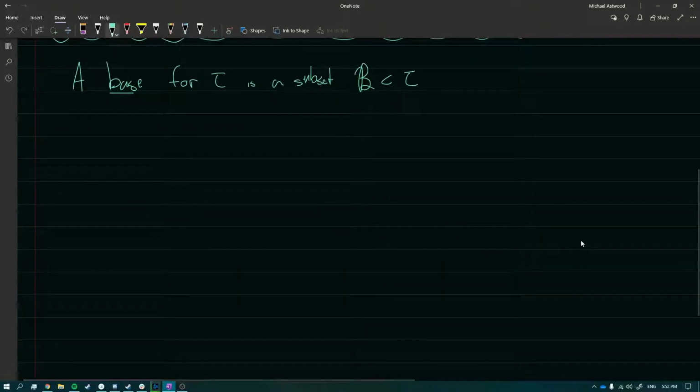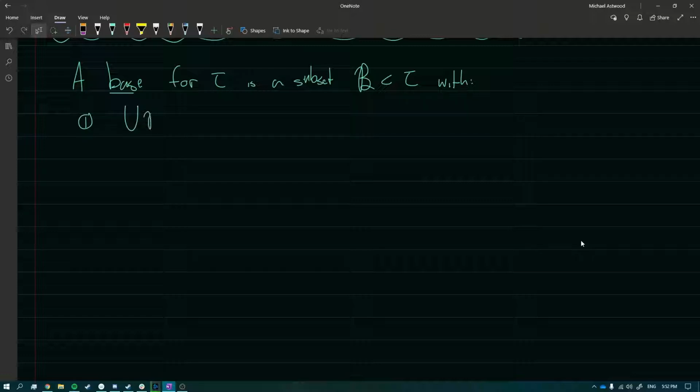So for it to be a base, we need to have the following two properties. We need the union over all the basic elements to be equal to M. So if we took, for example, the plane and we unioned all the balls together, you would get the plane back because it would just be shading in the entire plane.